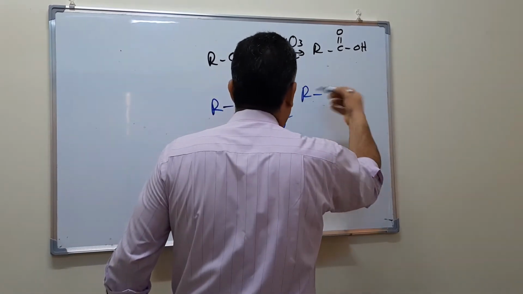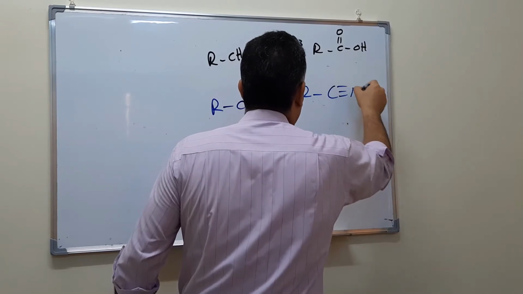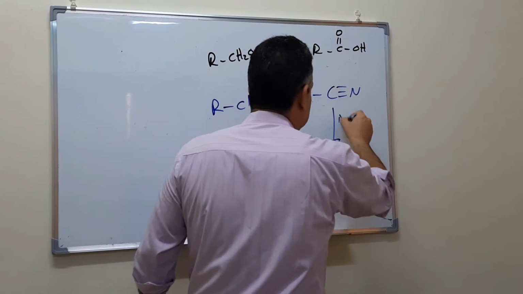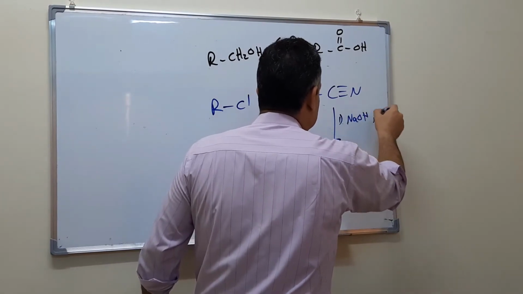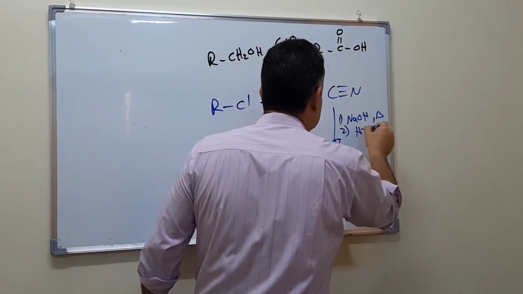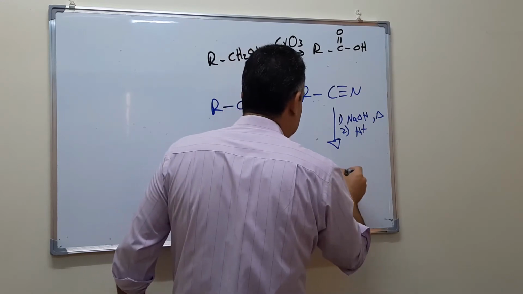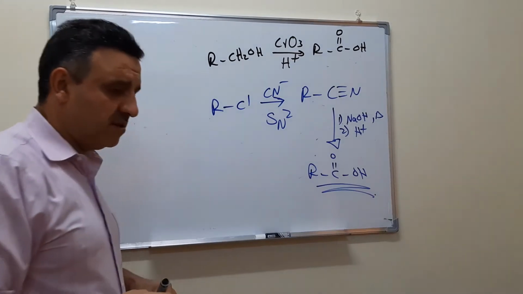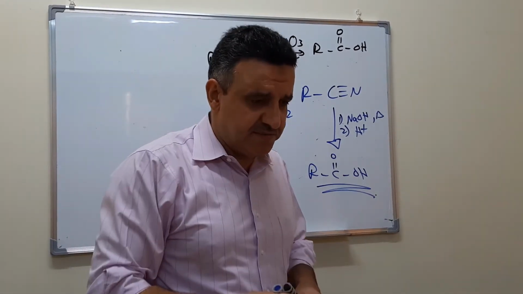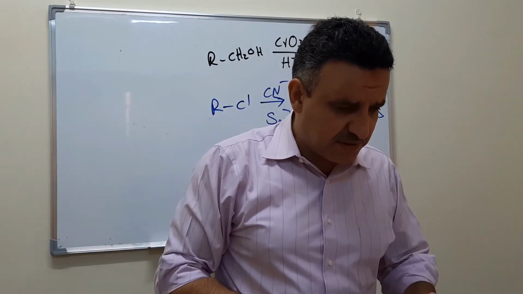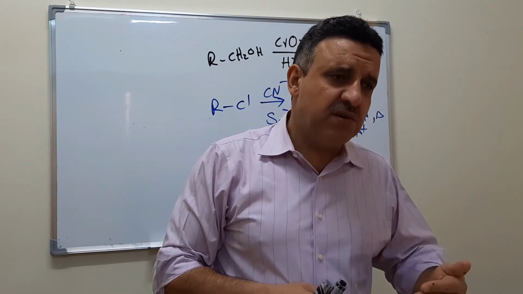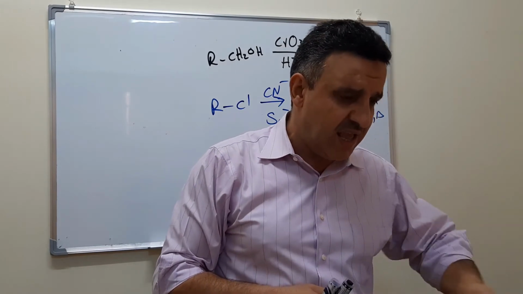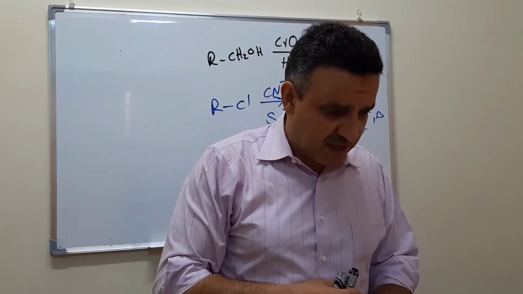We can convert it into a nitrile, and then this nitrile can be hydrolyzed, first by heating with sodium hydroxide, and secondly with acidification, and we get RCOOH. So this is the third method for the preparation of carboxylic acid. As you can see, this method is an example of nucleophilic substitution. We first introduce the nitrile, and secondly we hydrolyze it.